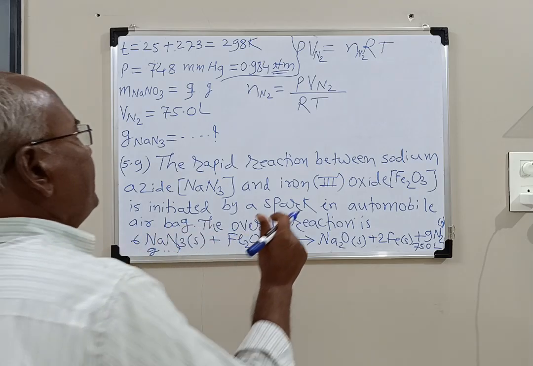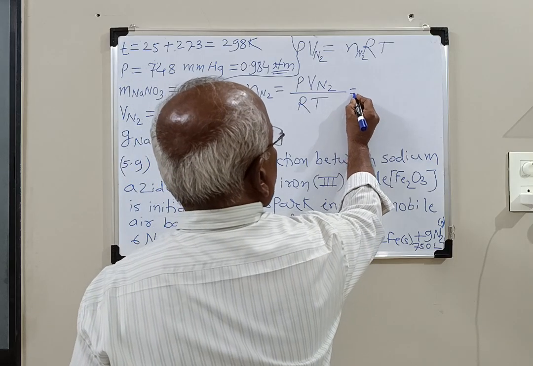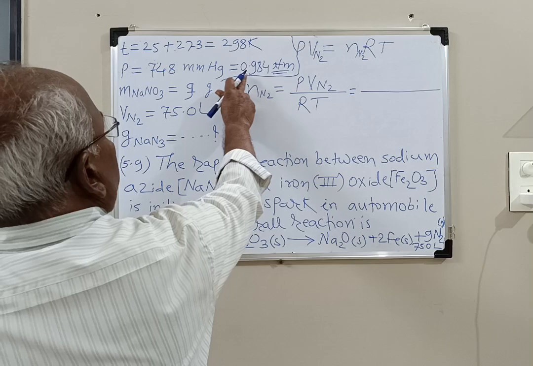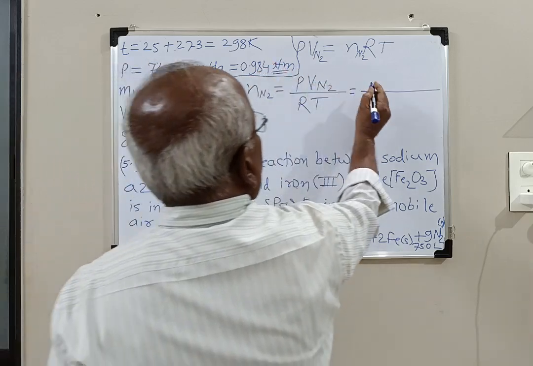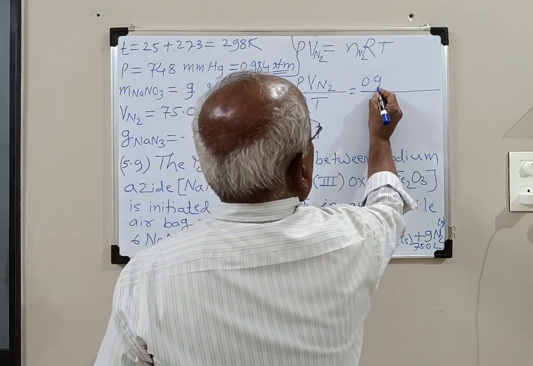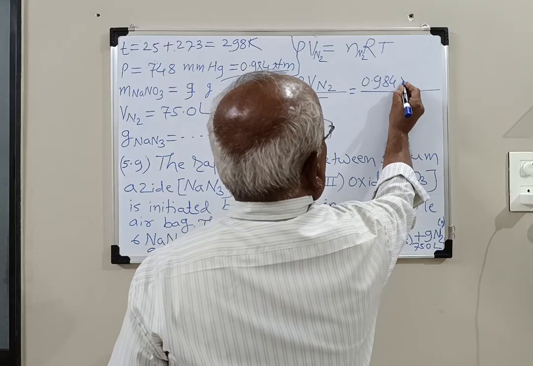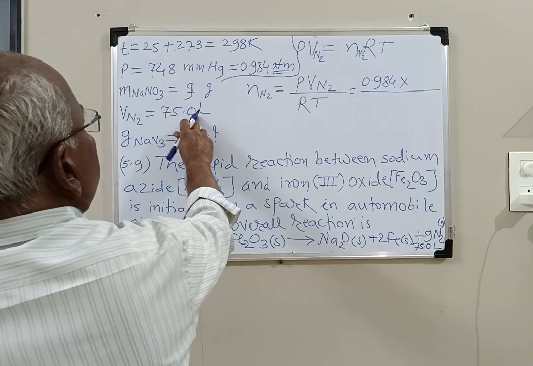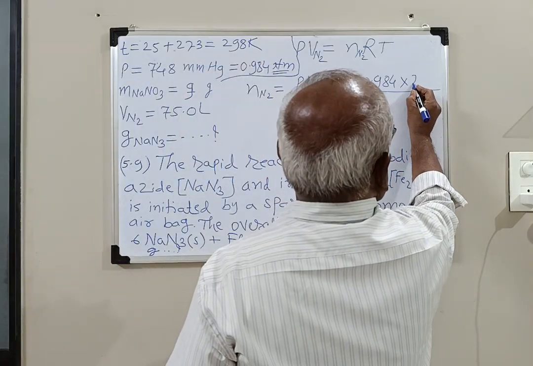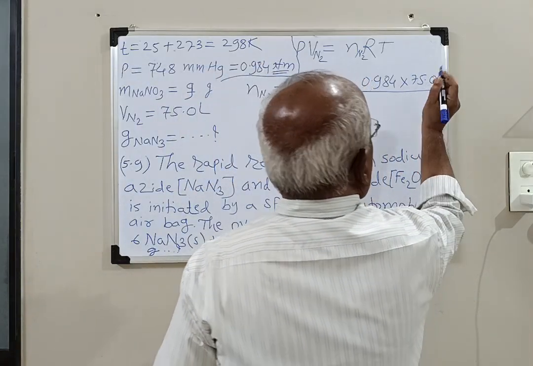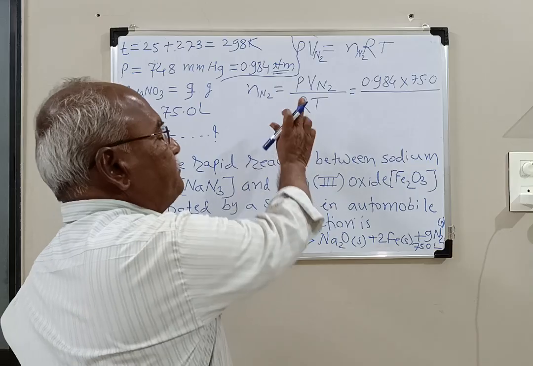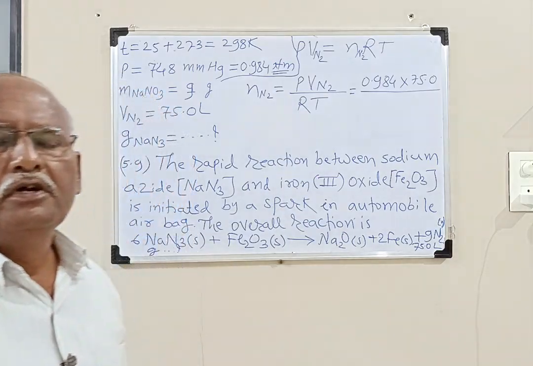So substitute the values: pressure 0.984 into volume of nitrogen 75.0 liter, divided by R, the gas constant.